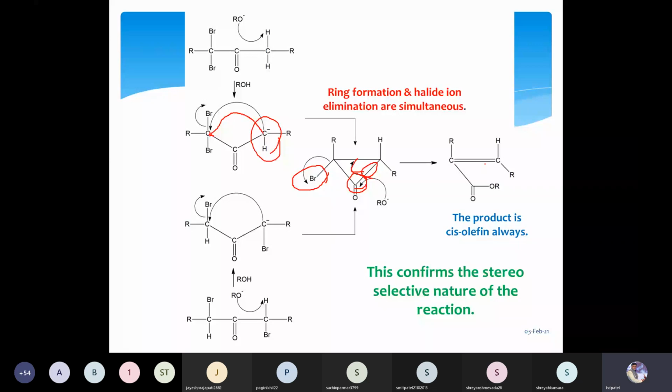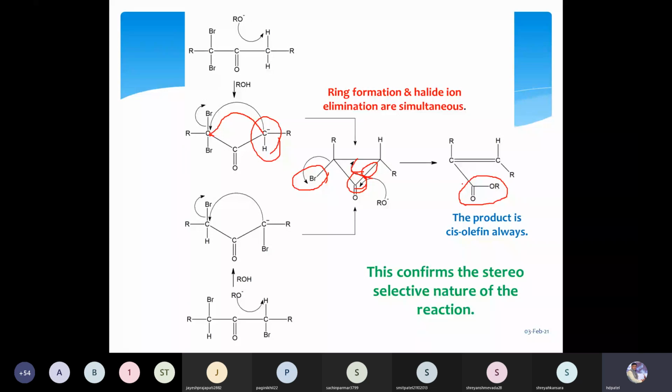So in the previous structures we have discussed, alpha haloketone in the presence of alkoxide will give acid. But when alpha alpha dihaloketone is present, then ester is formed, and at the same time alpha beta unsaturated ester is formed. So this is the change in this reaction.